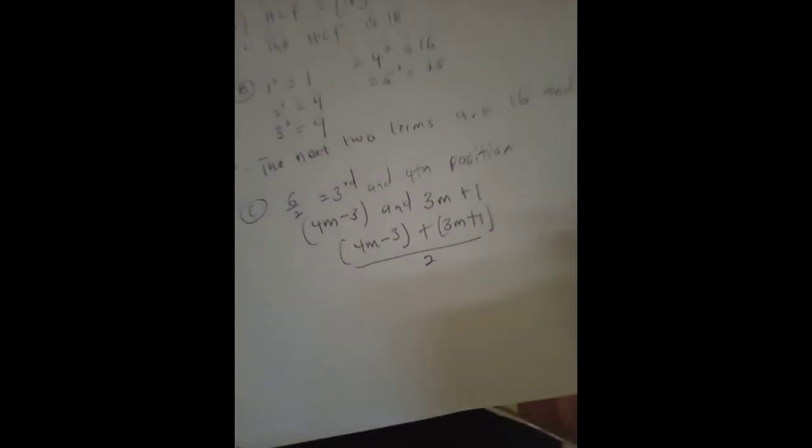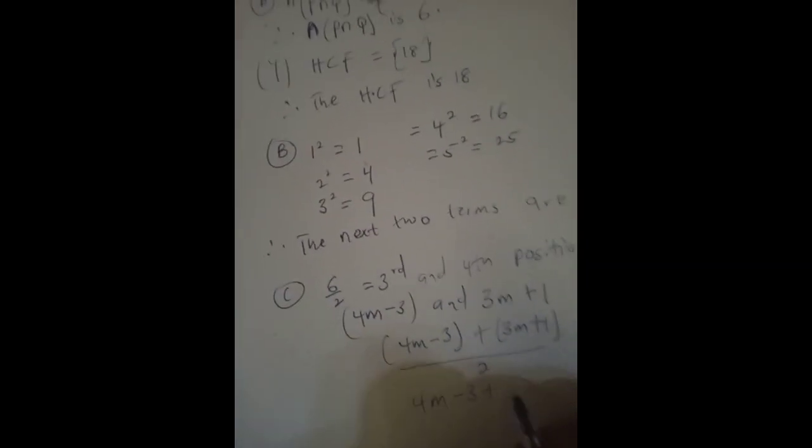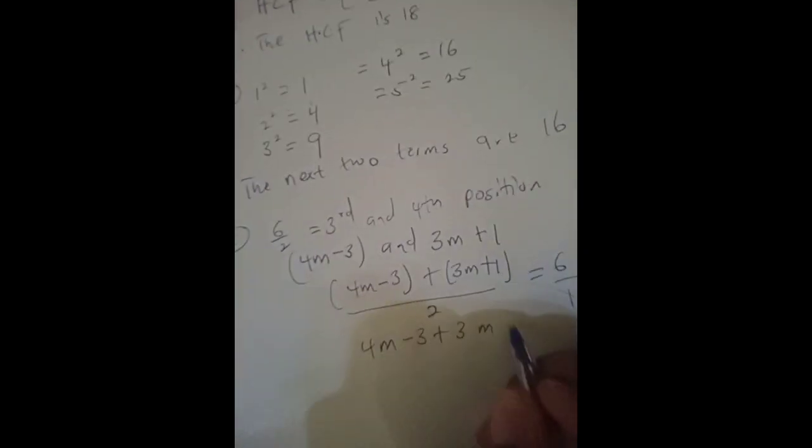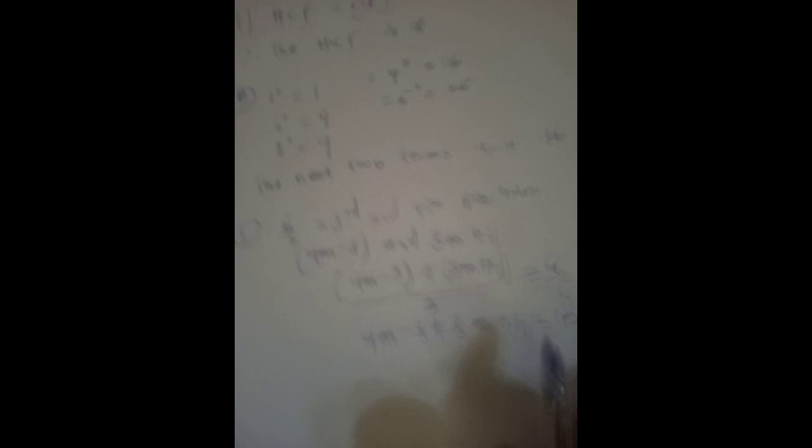So the median should be equal to 6, which is why we equate it to 6. Here you have to cross multiply. So 4m minus 3 plus 3m plus 1 is equal to 12.